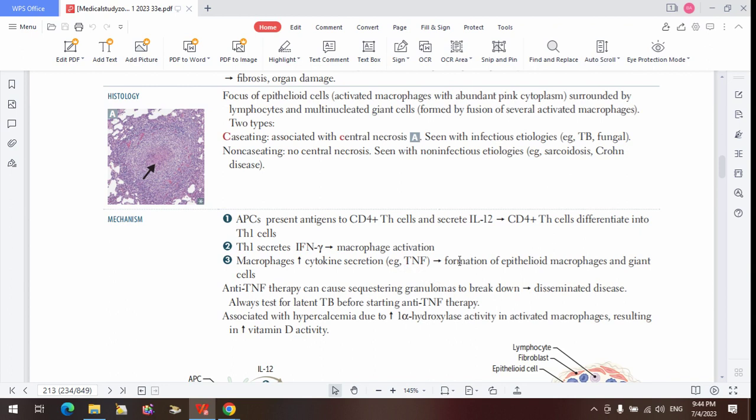And those epithelial macrophages will also fuse together to form giant cells. So those are due to the response of the macrophage to the TNF that the macrophages are secreting by themselves. When the macrophage becomes activated, it releases TNF. That TNF is going to have an autocrine effect on the macrophage. It will stimulate that same macrophage to become epithelial cells. They become enlarged and they will fuse together to form giant cells.